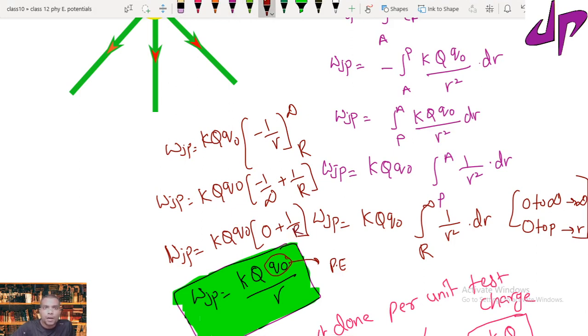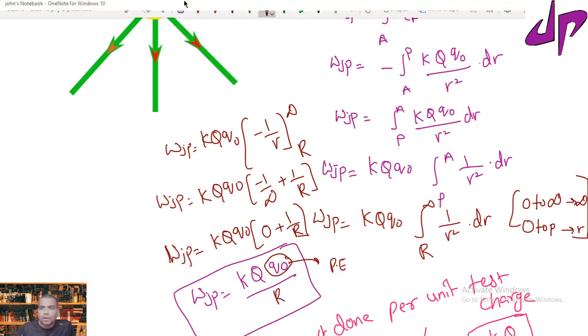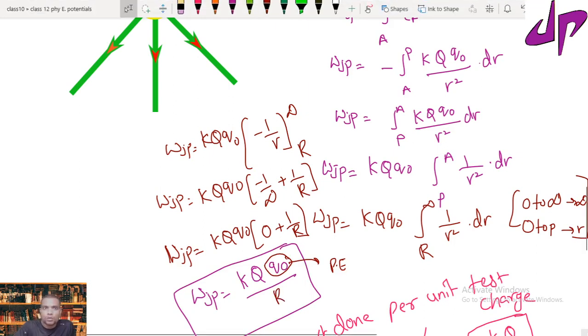So here capital R is nothing but the distance from the origin to the point which I have chosen.